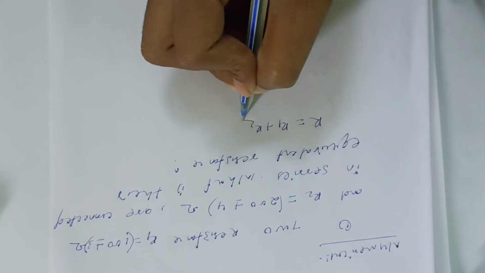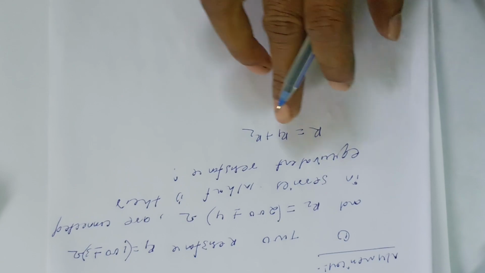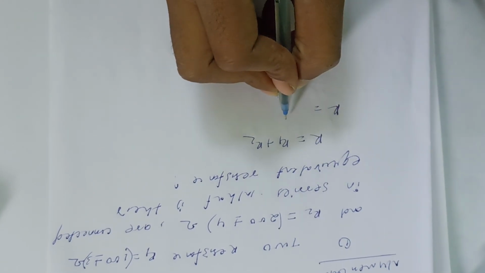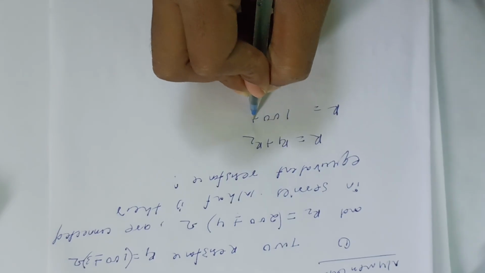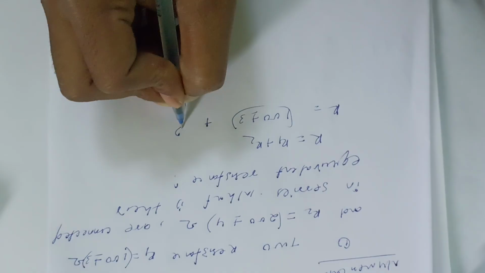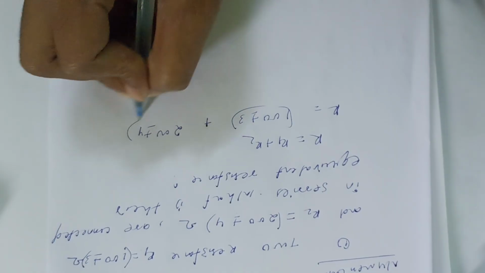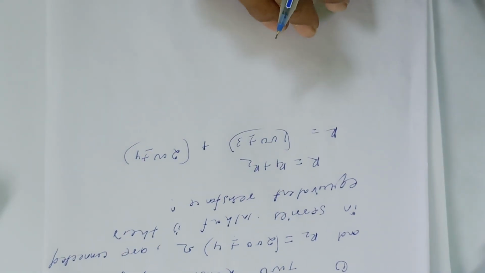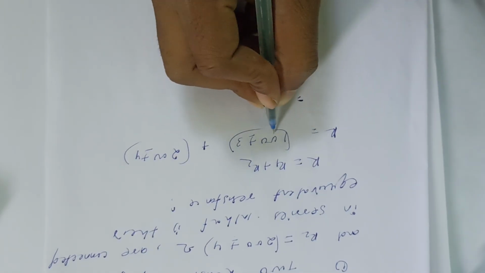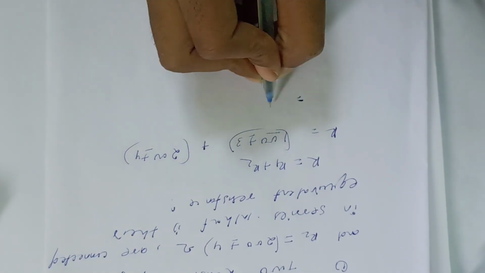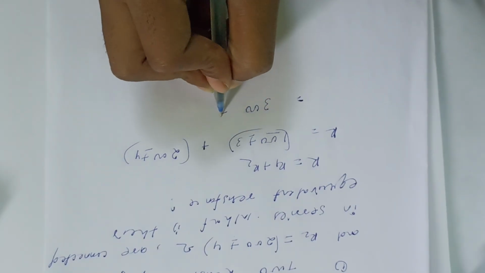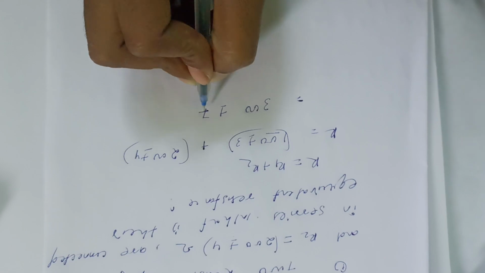So R equal to 100 plus minus 3 plus 200 plus minus 4. That is simply 300 plus minus 3 plus minus 4, that is plus minus 7.